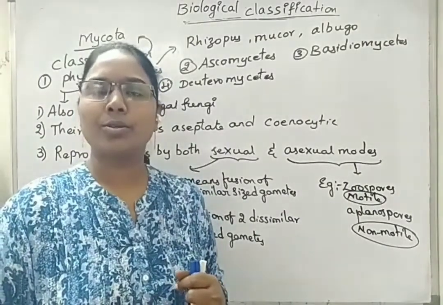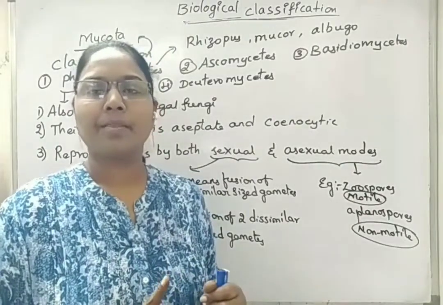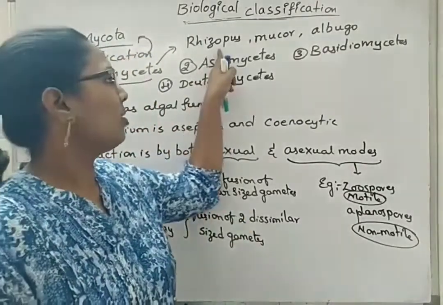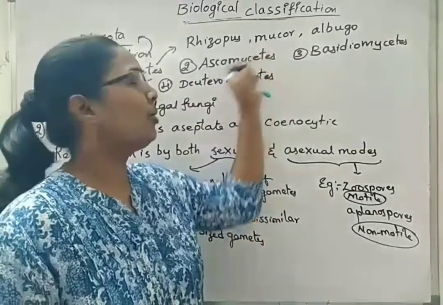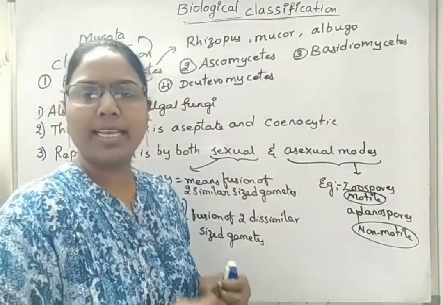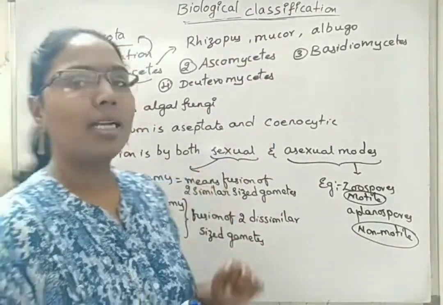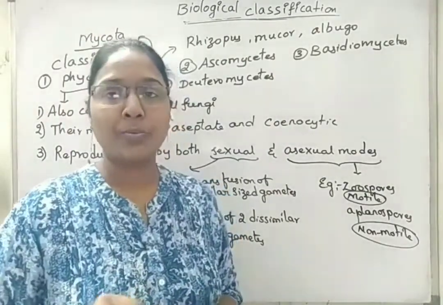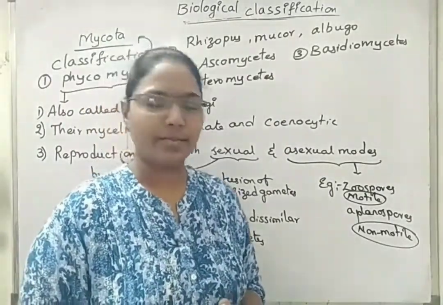Mucor is also called pin mold. Rhizopus damages the bread, and Mucor damages any organic matter. Albugo causes white spots on mustard leaves.